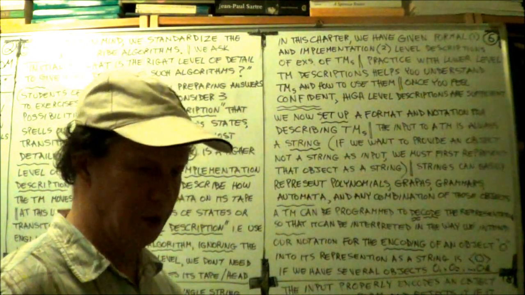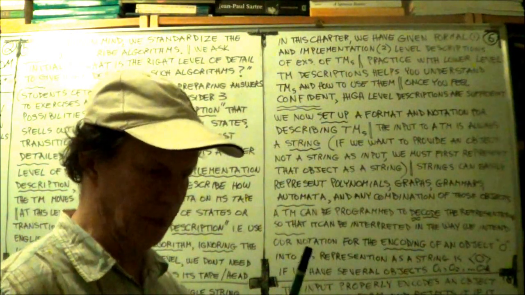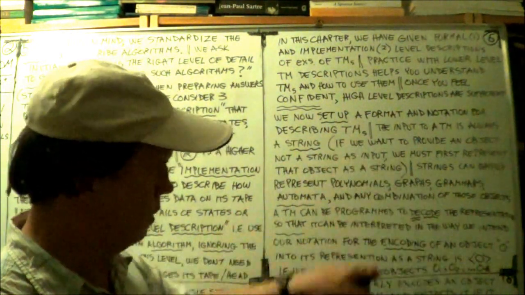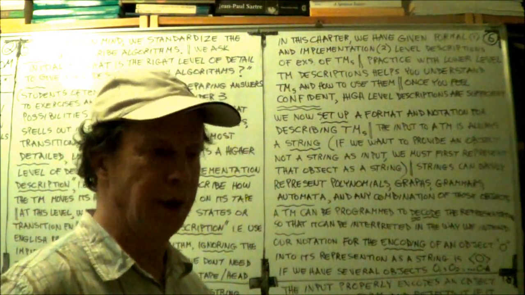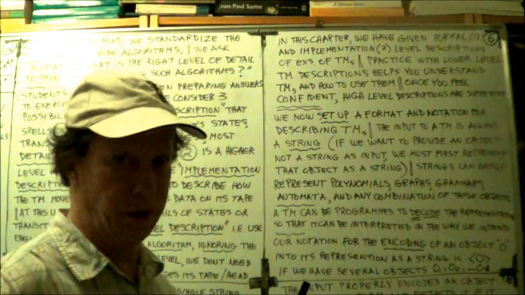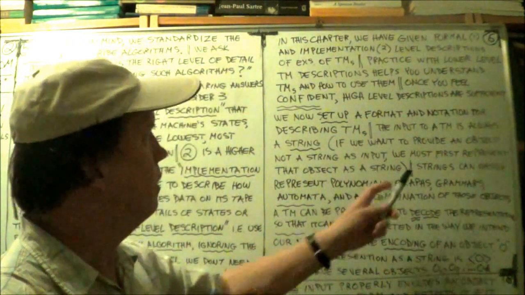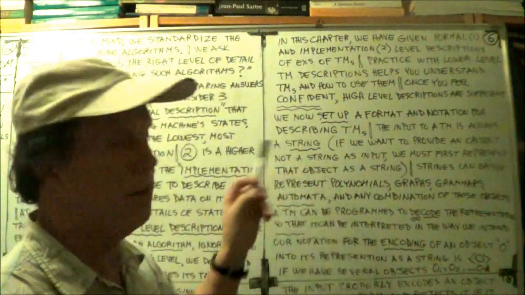Alright, so the first thing we'll talk about is the input to the Turing machine. The input to the algorithm, in a sense. So for the rest of this session, we'll be talking about the input. Now, for a Turing machine, the input is a string. So the input to a Turing machine is always a string.